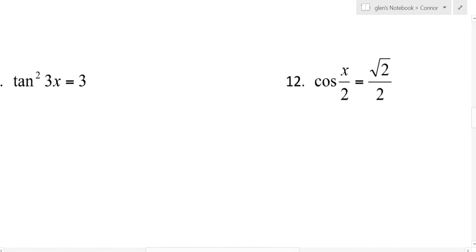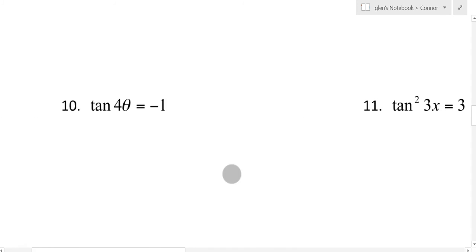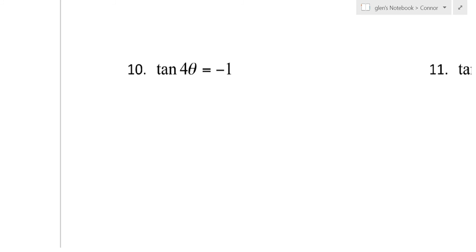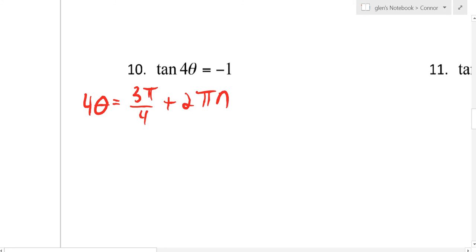Well, we can go through. I mean, these aren't going to be anything crazy difficult. Let's just do 10, 11, 12. So the 4 is in there, but it doesn't matter right now because it's in tangent. Tangent hits negative 1 at, like number 6, you do the same. So 4 theta: tangent hits negative 1 in the second quadrant at 3 pi over 4, and again in the fourth quadrant at 7 pi over 4.